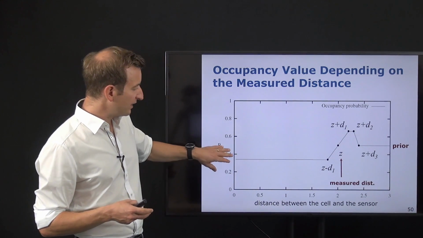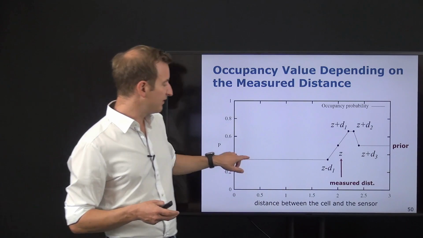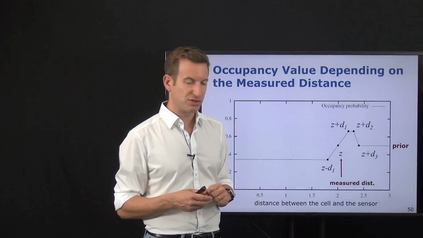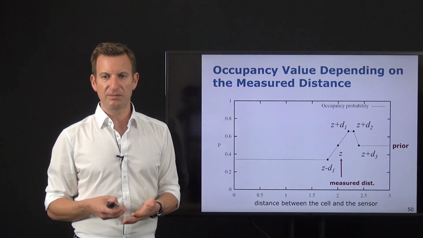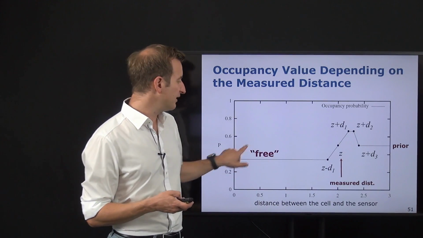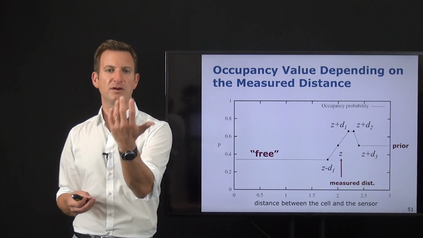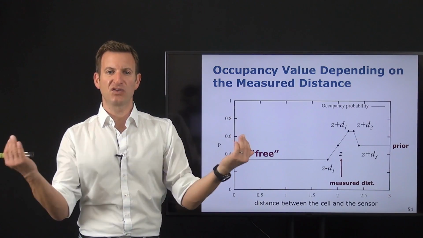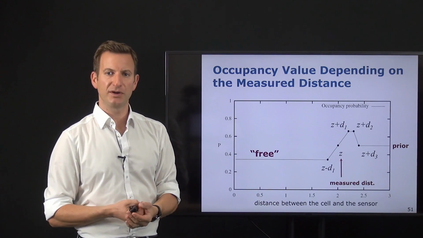So we still have the same idea that everything which sits in front of the measured distance is free space. So whatever sits here is my free space. Because I'm in front of the obstacle, if there were an obstacle closer to the robot, I should have had a measured distance which is shorter. The return should have happened earlier.